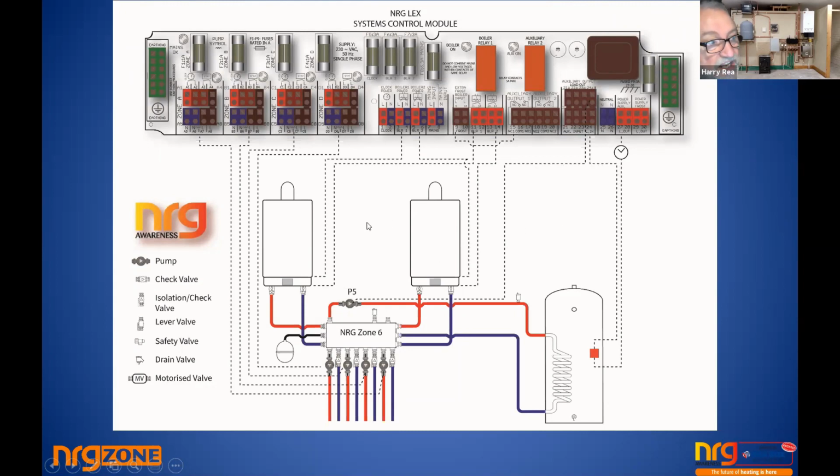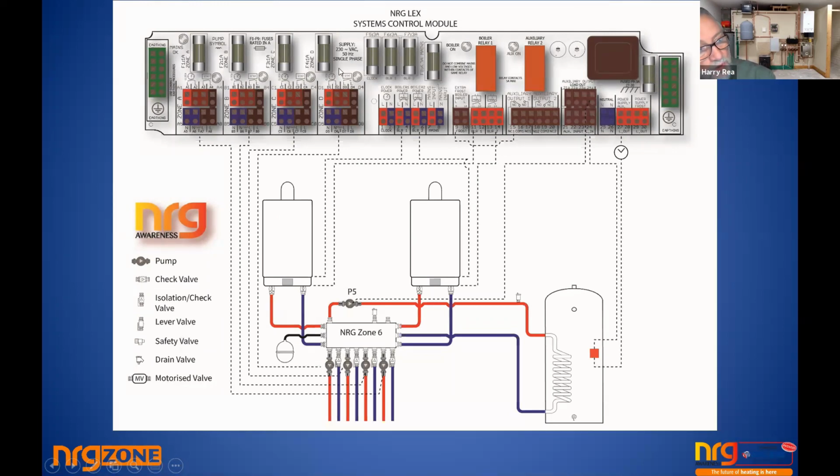So yes, it'll handle 4 zones, but if you wanted hot water priority, there's a way of using the auxiliary relay to turn off whatever zones you want to turn off. There are many tricks. If anyone is interested, we can do another session on this board, but it just makes it so easy to wire a system that would otherwise be extremely complex, for an extremely reasonable amount of money.